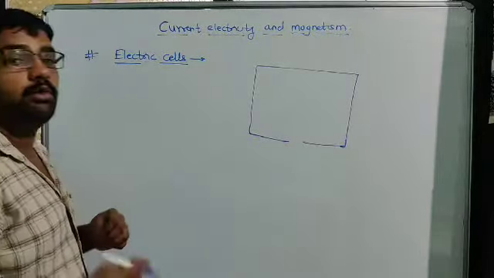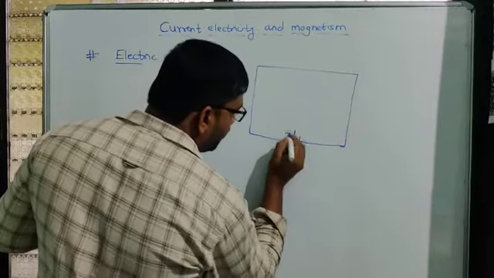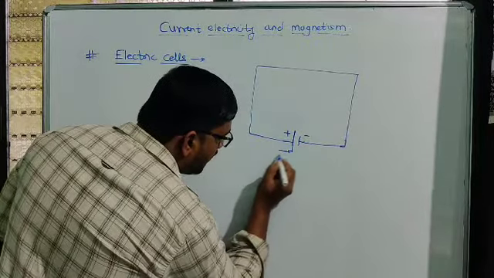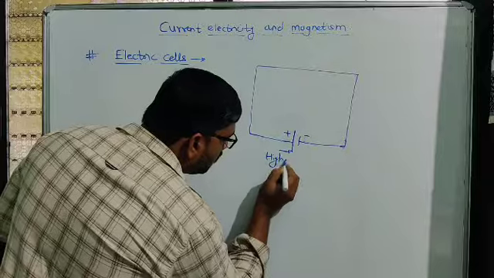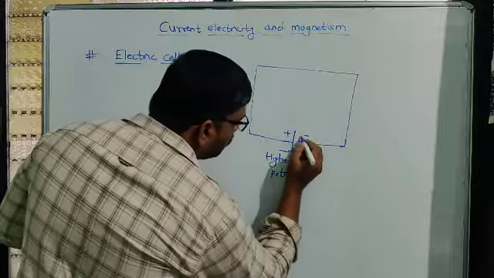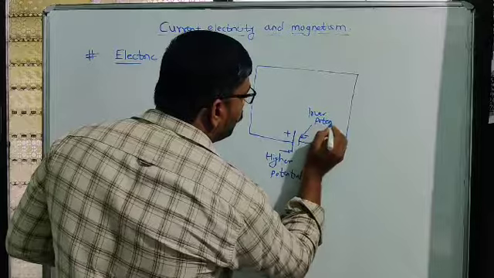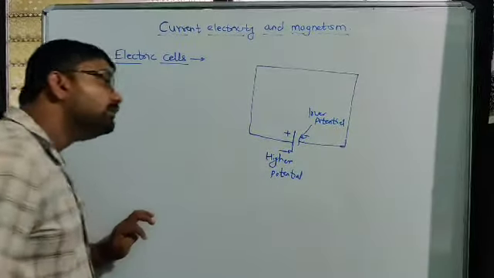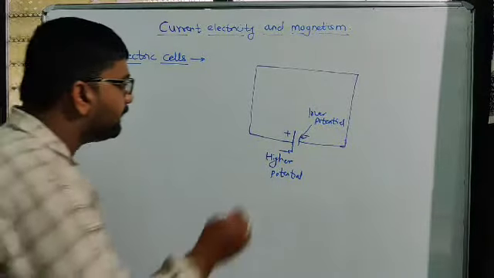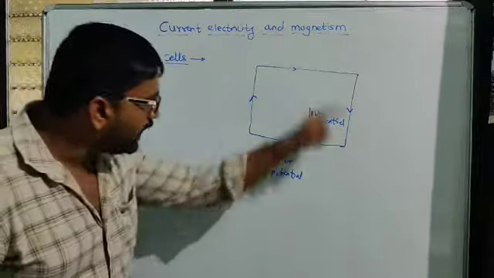So what is the importance of a cell? Look, this is the sign of a cell, positive and negative. This big line indicates higher potential, and this small line indicates lower potential. Now as we connect this cell here, electricity can flow through this wire.